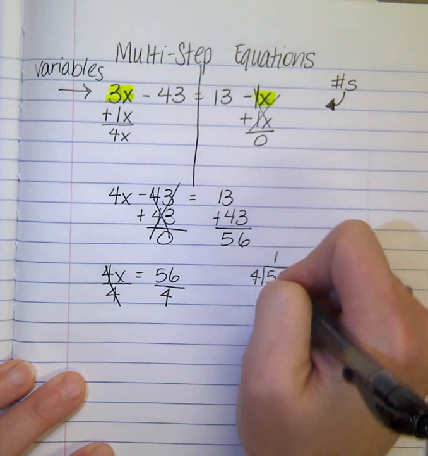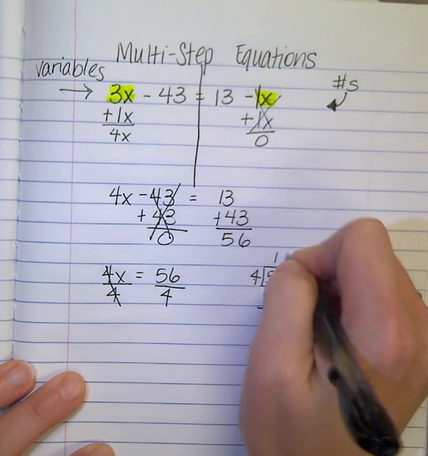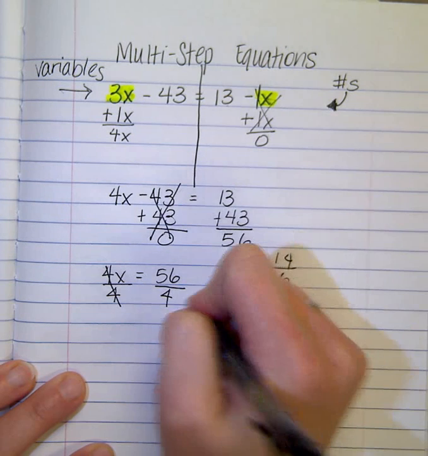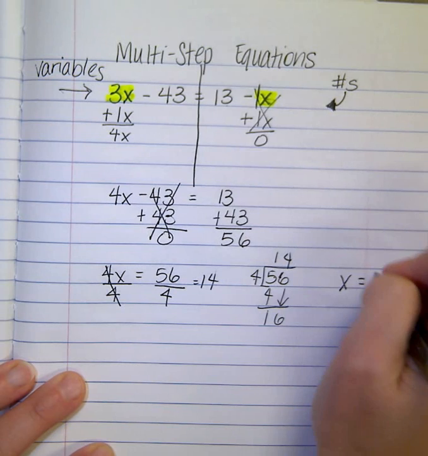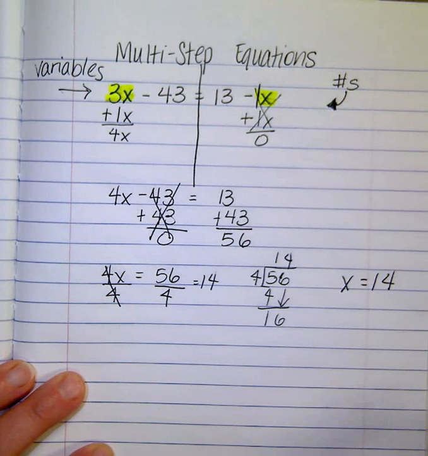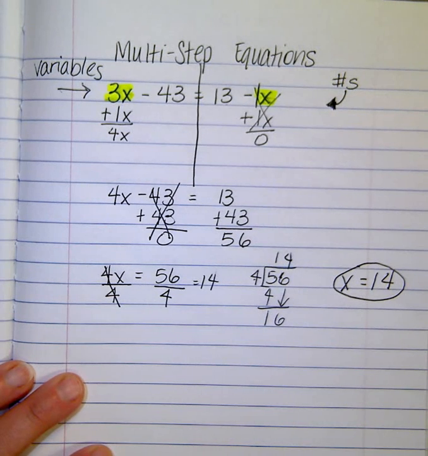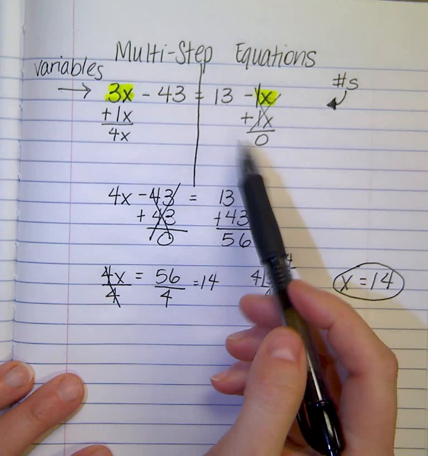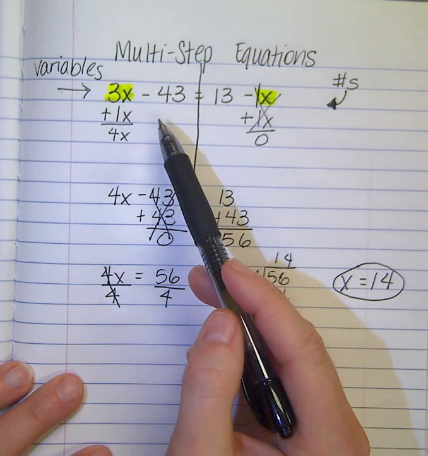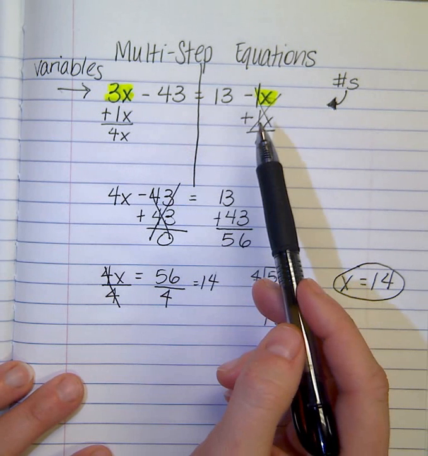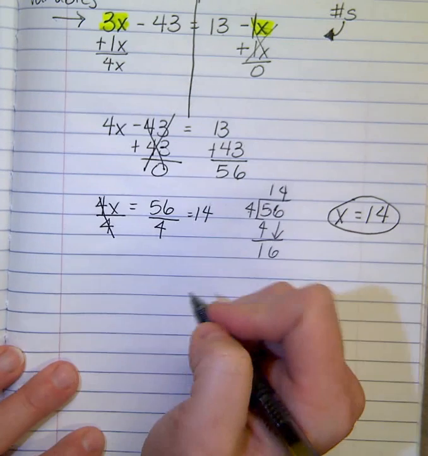This becomes 14, okay? So our answer is x equals 14. And I'm going to circle that. So you can see how that adds another step, because you have to first get all your variables to one side and then your numbers to the other. Then you start solving.